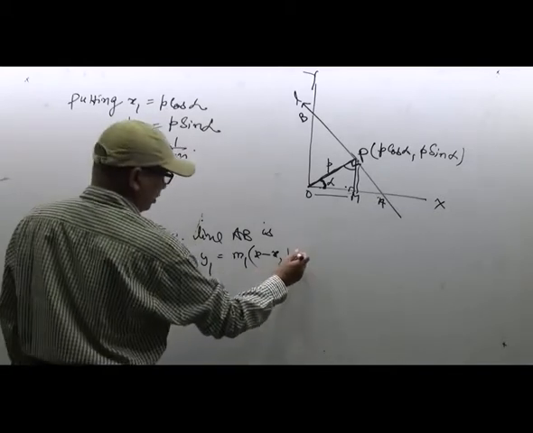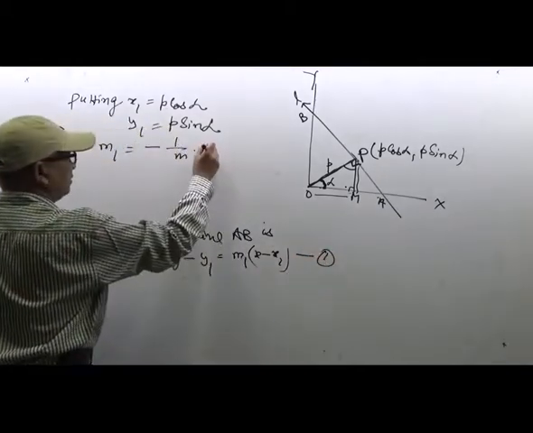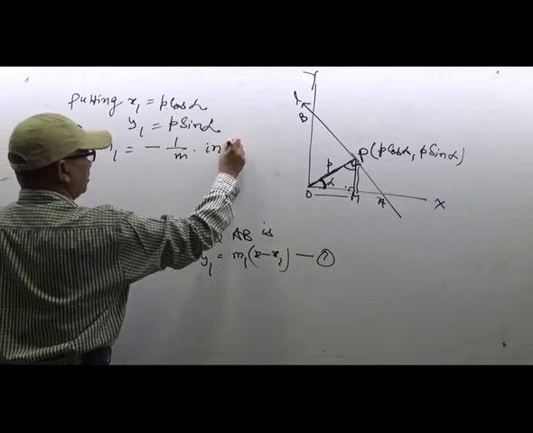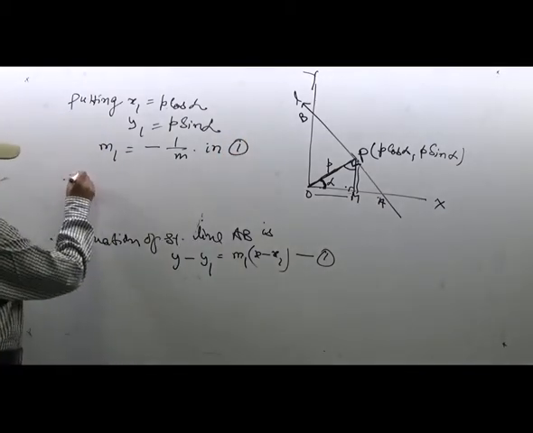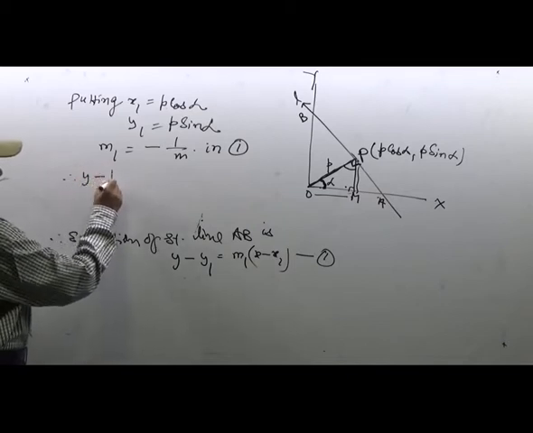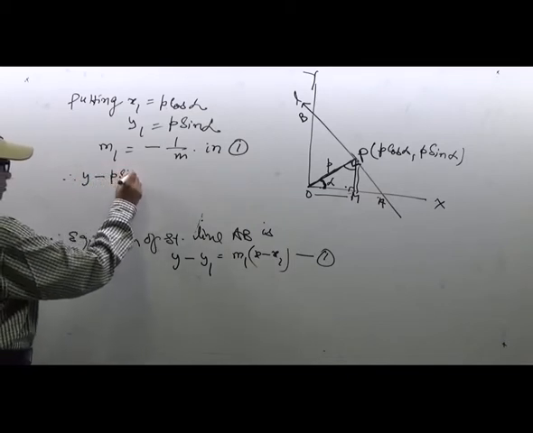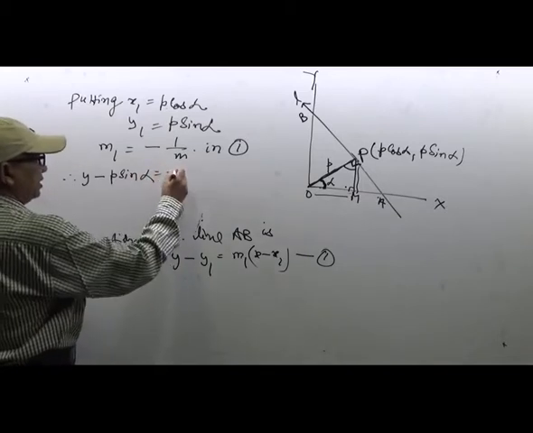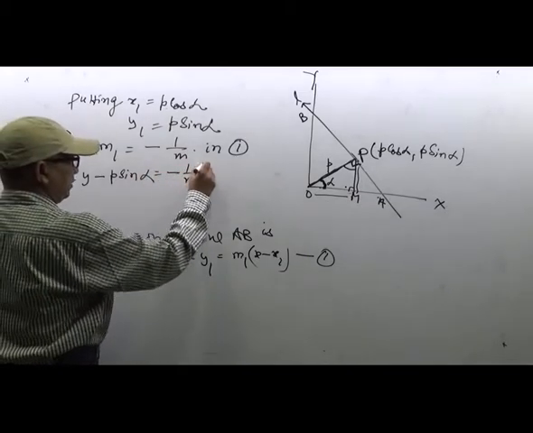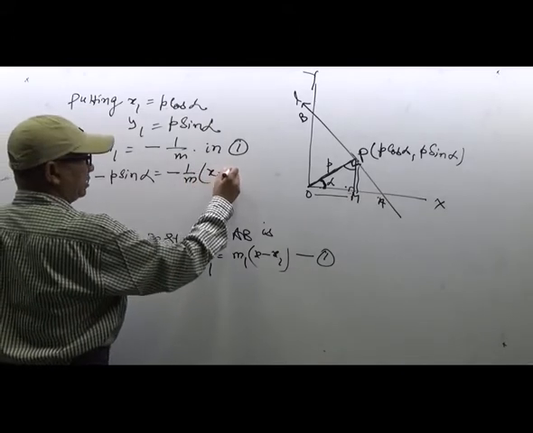In equation first. Therefore, y minus y1, P sin alpha, is equal to -1 over m into x minus P cos alpha.